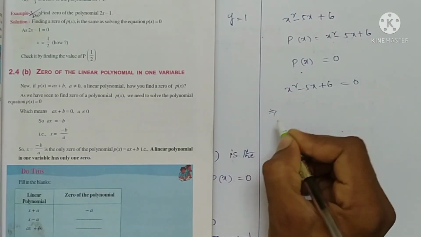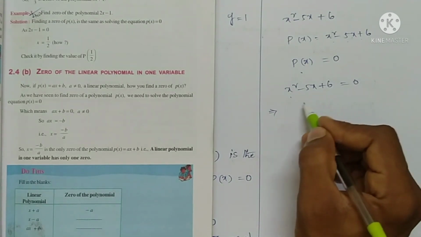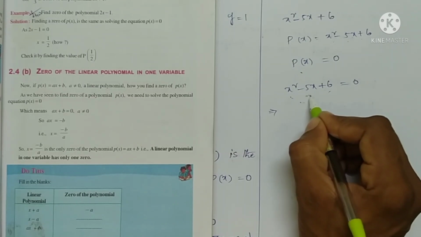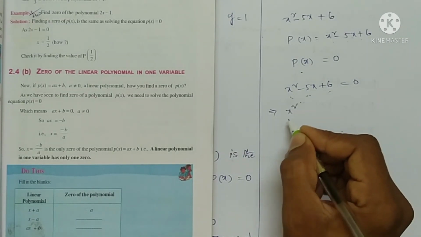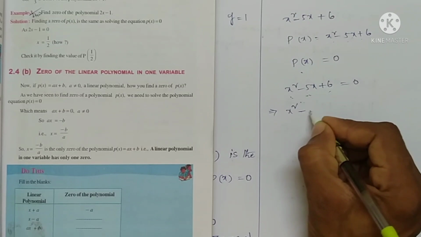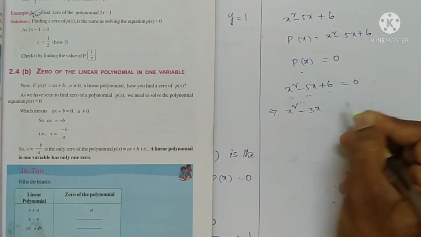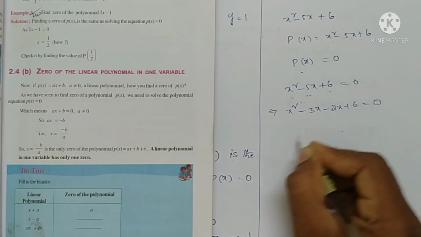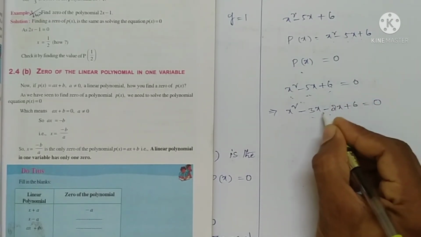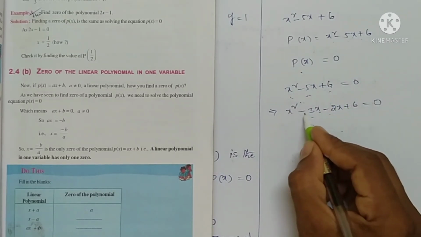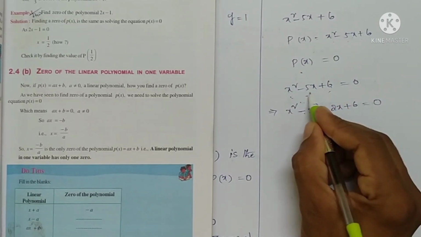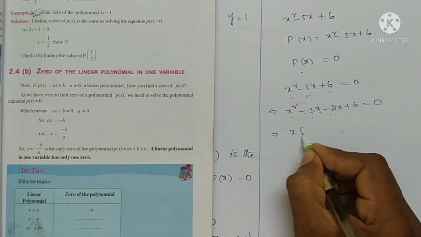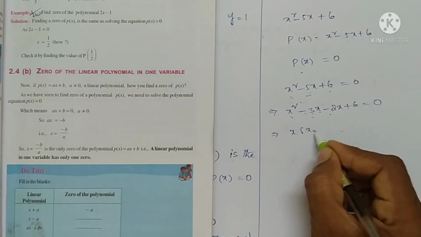This is of the form of a quadratic equation, right? Quadratic polynomial. So splitting the middle term, x square minus 3x minus 2x plus 6 is equal to 0. Two 3s are 6, and minus 3 minus 2 is minus 5, right? In the first two terms x is common, so the remaining term is x minus 3.